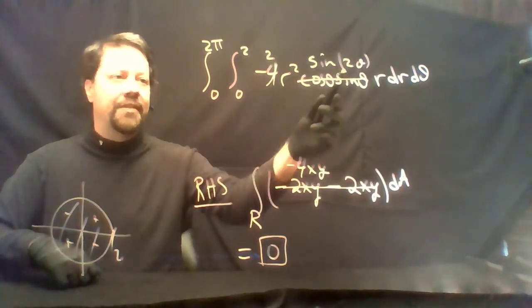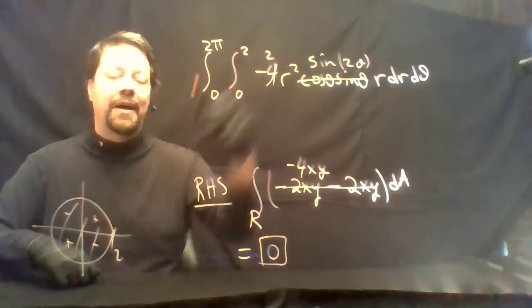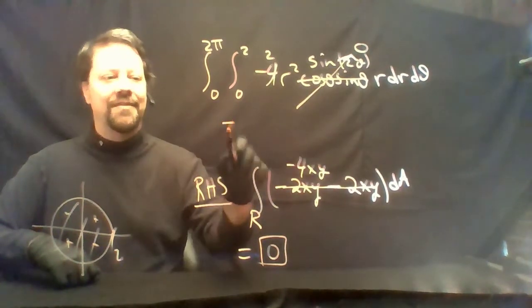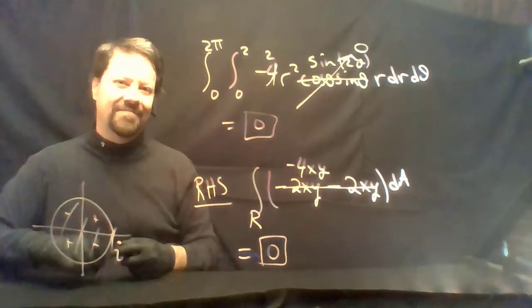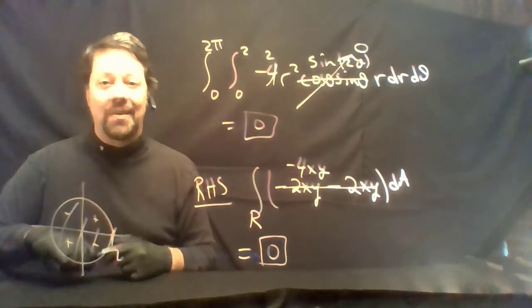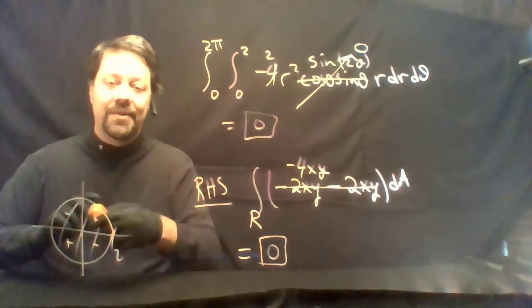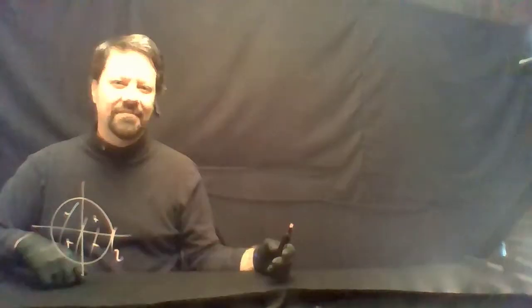Sine of 2 theta has a period of pi. We're integrating from 0 to 2 pi. That's 2 periods. The integral gives you 0. Now, I won't expect you to evaluate this integral if you notice the symmetry first.